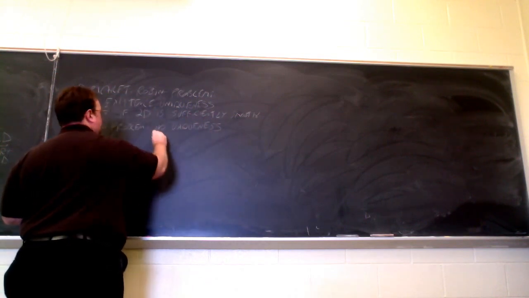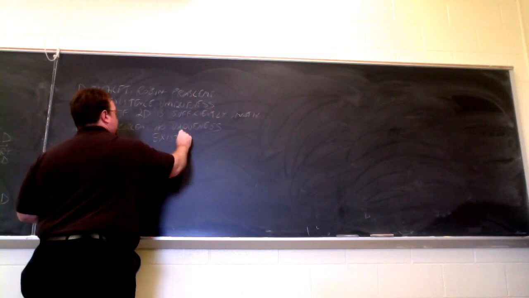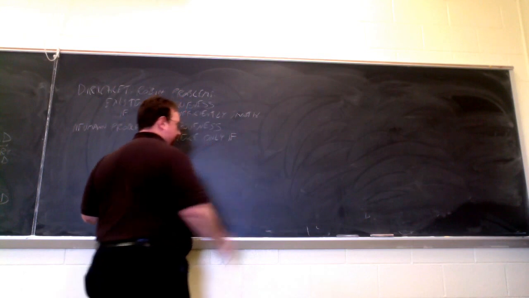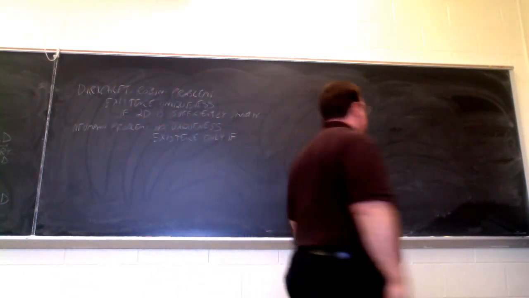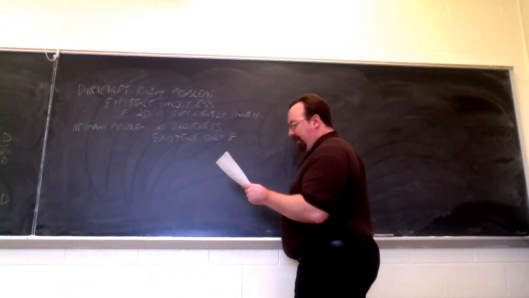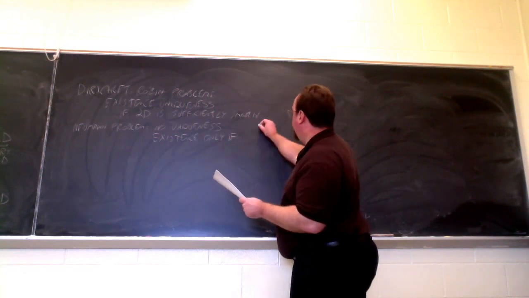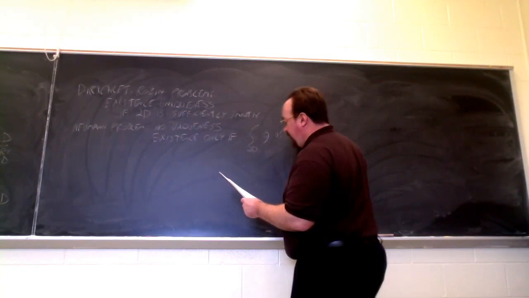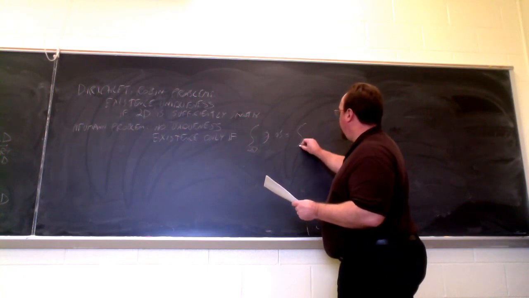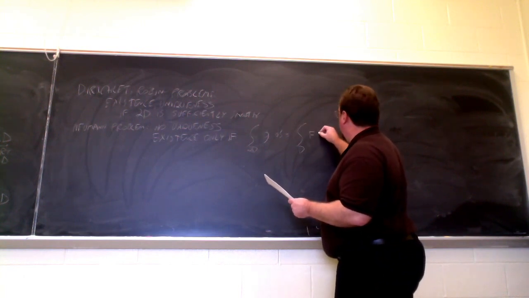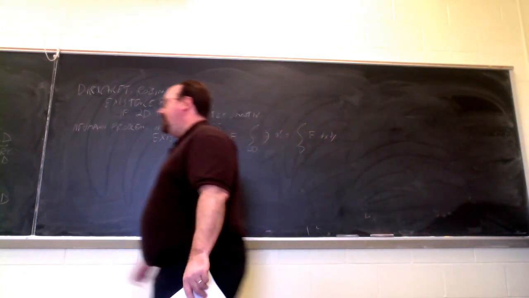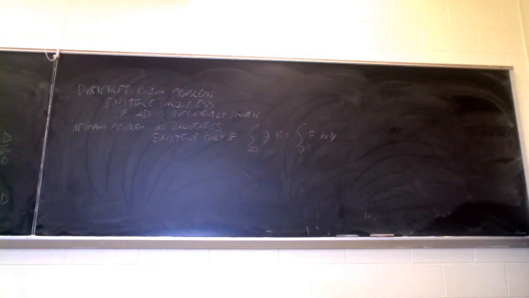And you only have existence, and I say only if, because what I'm stating is a necessary condition, that the integral over the boundary of D of your boundary condition g must be equal to the integral over the interior of your domain of the right-hand side of your Poisson's equation f, which would be 0 if it's Laplace's equation.